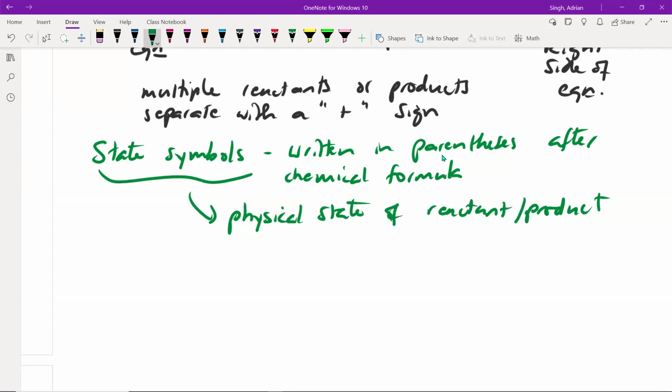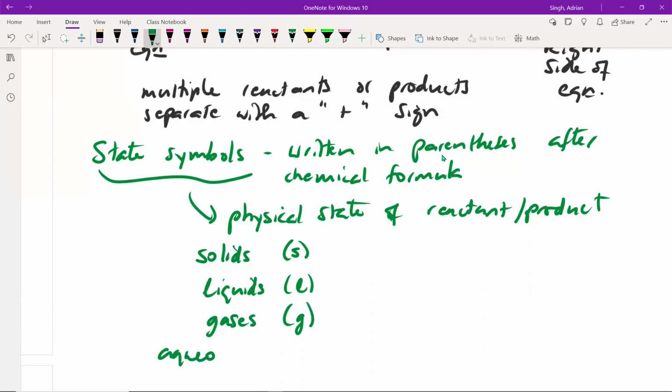Let's list all of them. So we have solids. The state symbol for a solid, I'm sorry, is lowercase s in parentheses. A liquid is abbreviated lowercase l in parentheses. Gases are abbreviated lowercase g in parentheses. And then there's a fourth physical state that we call aqueous, and that's abbreviated aq.